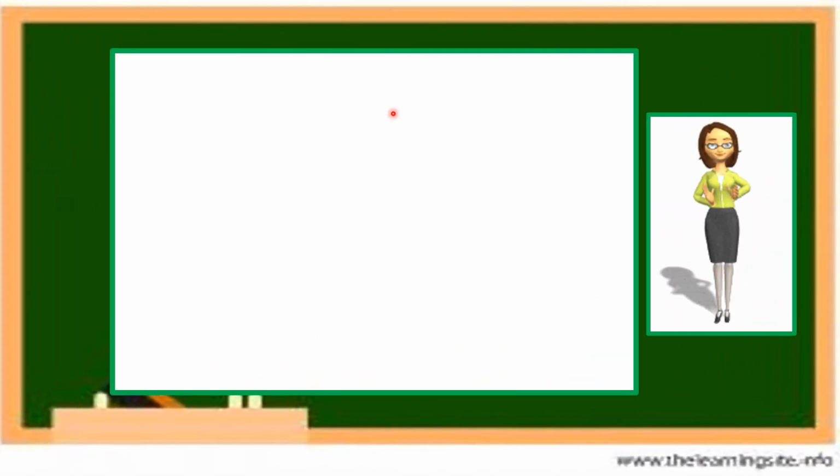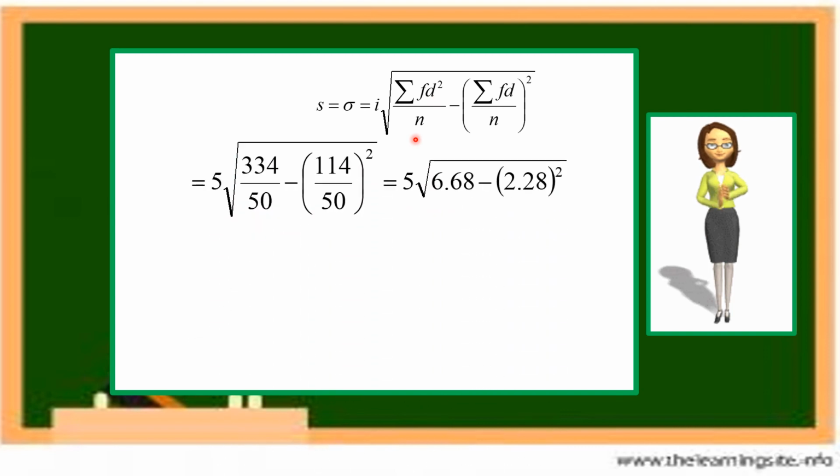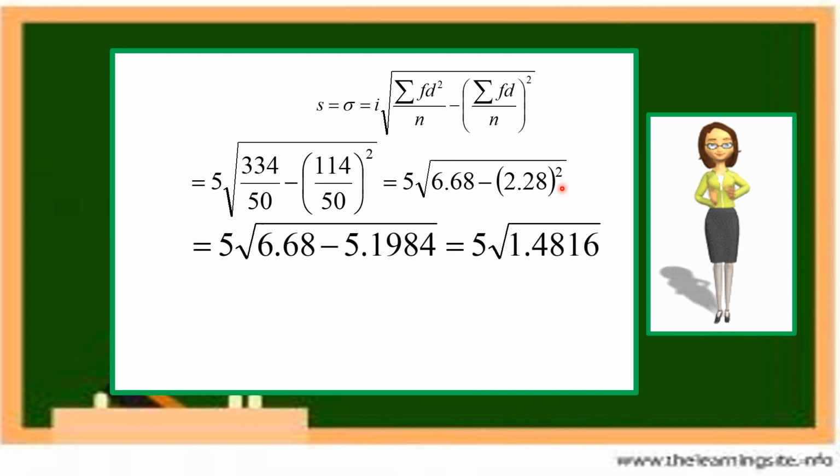For the solution, first we write the formula. We substitute the given in the formula. First, we divide 334 by 50, that is 6 and 68 hundredths. 114 by 50, that is 2 and 28 hundredths. Then after that, we square 2 and 28 hundredths. The result is 5 and 1,984 ten-thousandths. Then we subtract.